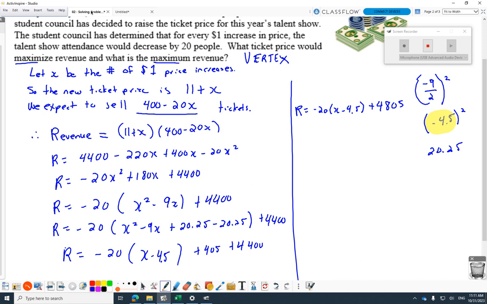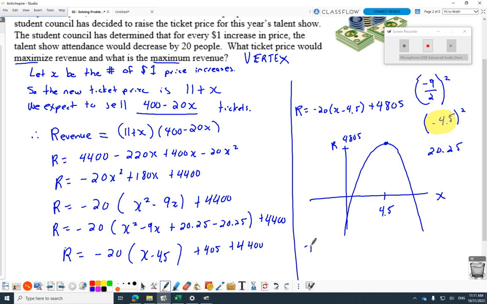Here's the picture to help you answer the question. Revenue, X. 4.5, 4805. Woo.